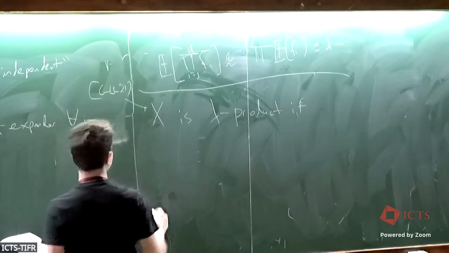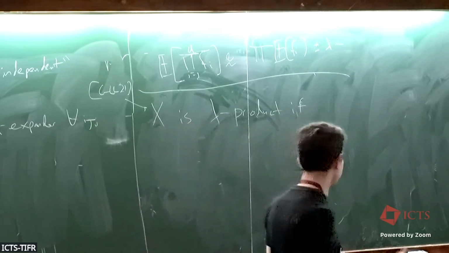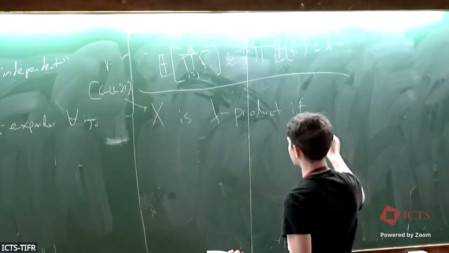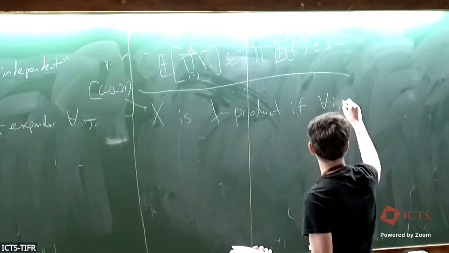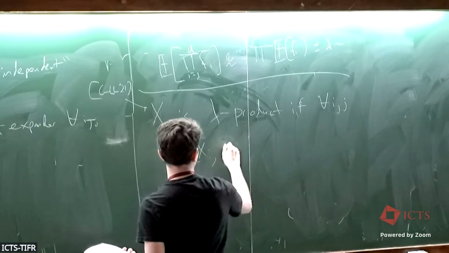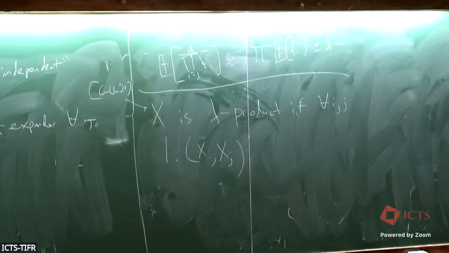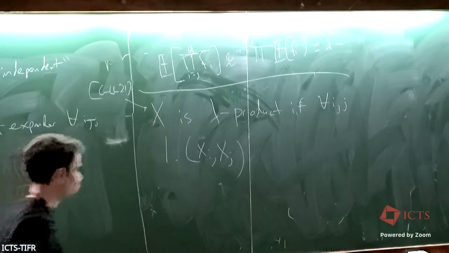But as we'll discuss, it's basically equivalent to standard spectral high-dimensional expansion. If, for all ij, one, this marginal, or equivalently, the bipartite graph between part i and part j is a spectral expander.